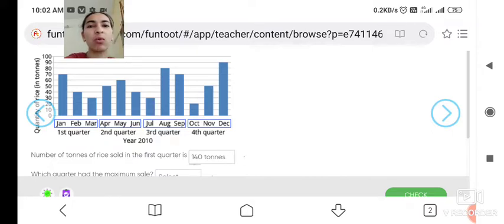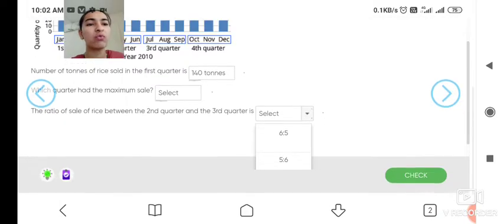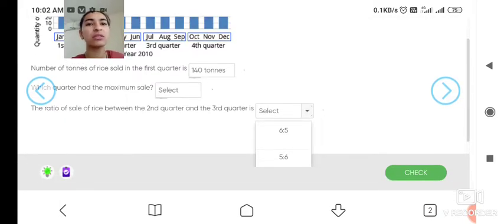So how much was the second quarter? 150, and this is 180. So 150 divided by 180, the ratio will be 5 to 6, because both are divisible by 3. The 0 will be cancelled, 3 fives are 15 and 3 sixes are 18. So the ratio will be 5:6.